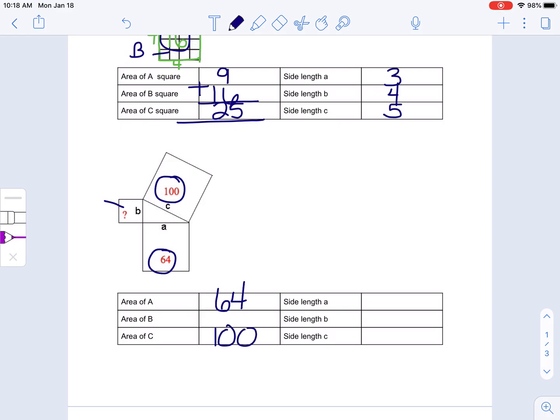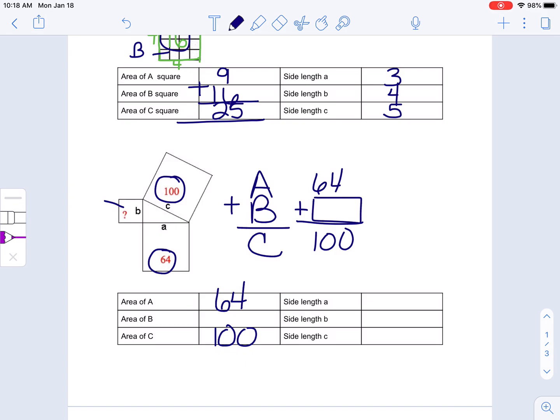Since we know that the area of A plus the area of B equals C, and we know C is 100 and A is 64, how would we find the area of B? Well, if we subtract 100 minus 64, you get 36, so the area of square B would be 36. And you can check: 64 plus 36 is 100.